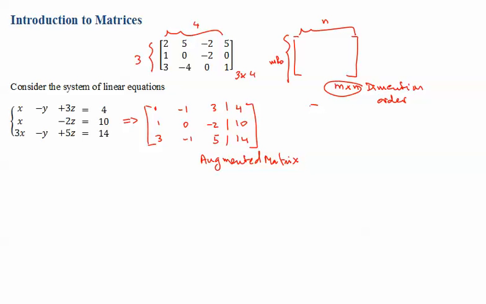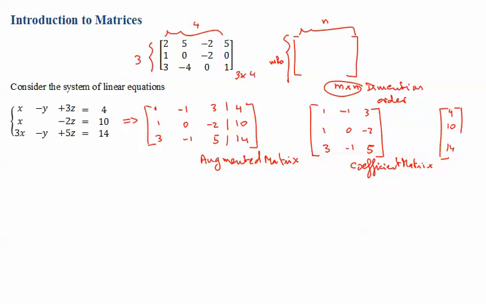And the 1, minus 1, 3, 1, 0, minus 2, these are coefficients of the system, and therefore the matrix is called the coefficient matrix, and the constants here will make a constant matrix.